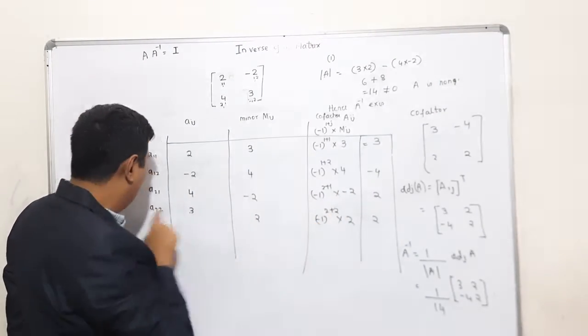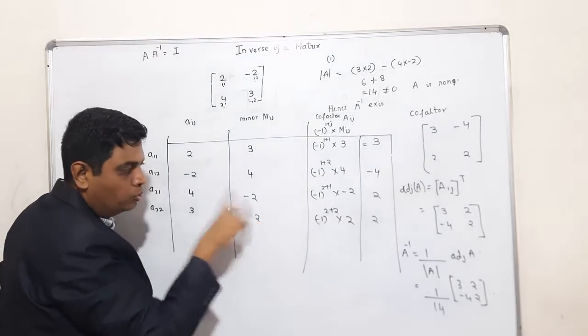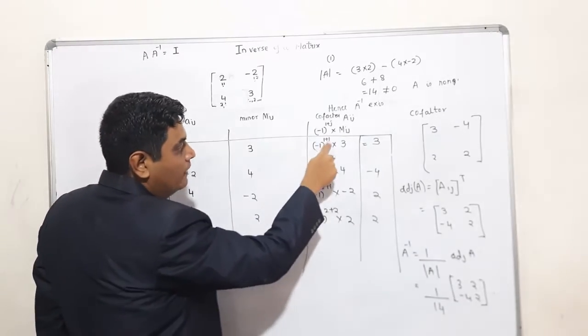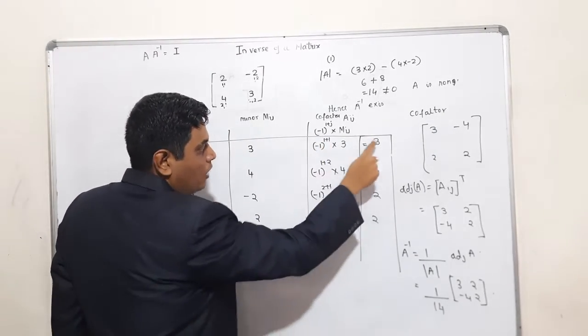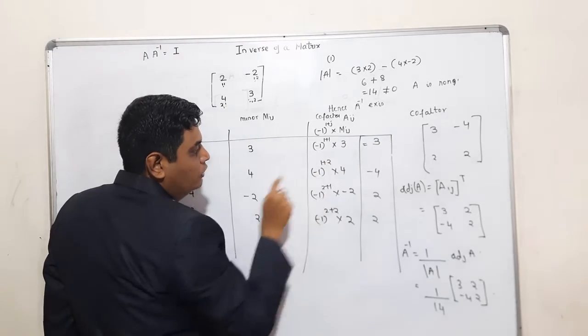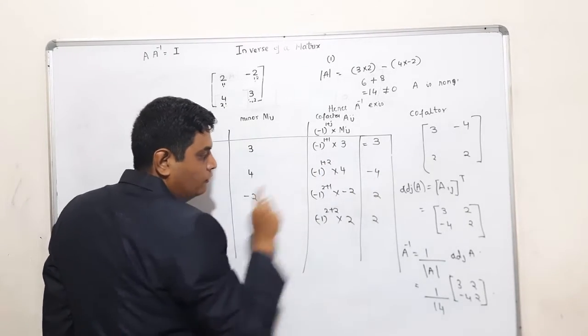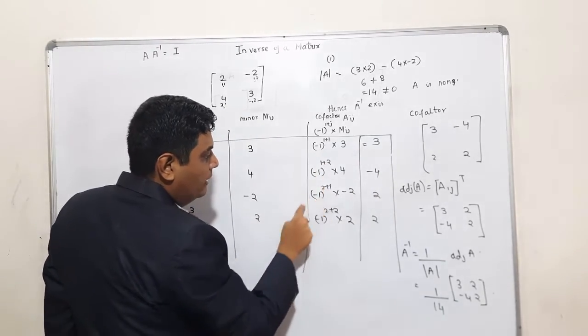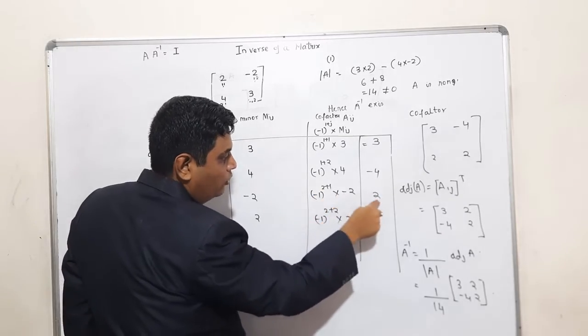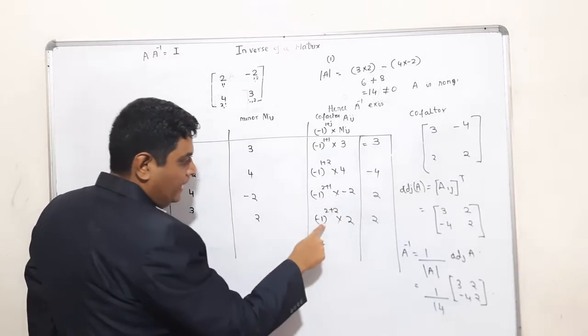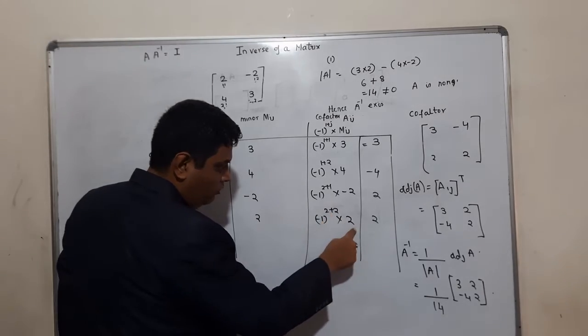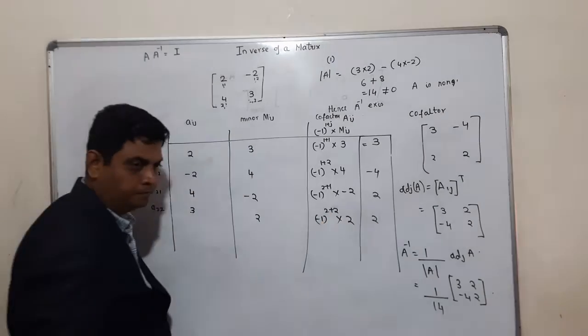Minus 1 raised to 2 plus 2 multiplied by 2. Minus 1 raised to an even number is positive, so the answer is plus 3. Minus 1 raised to an odd number is negative, so minus 4. Minus 1 raised to an odd number is negative, and negative into negative is positive, so plus 2. Minus 1 raised to an even number is positive, so 1 into 2 is 2.